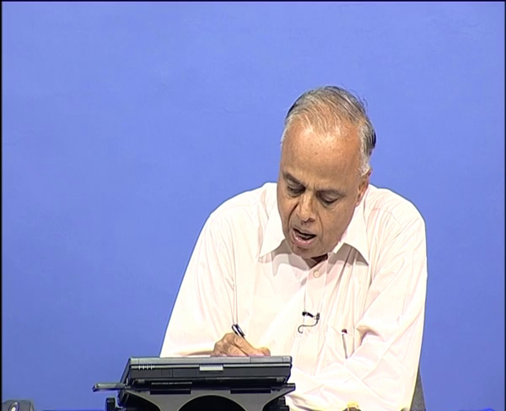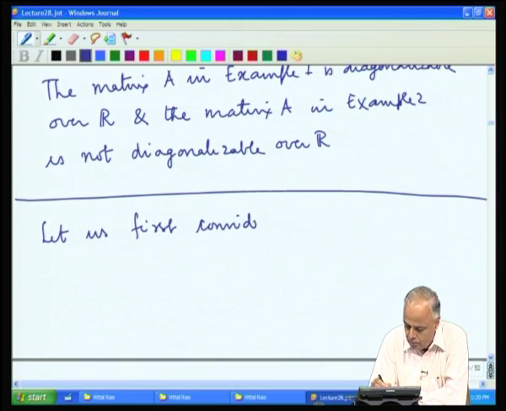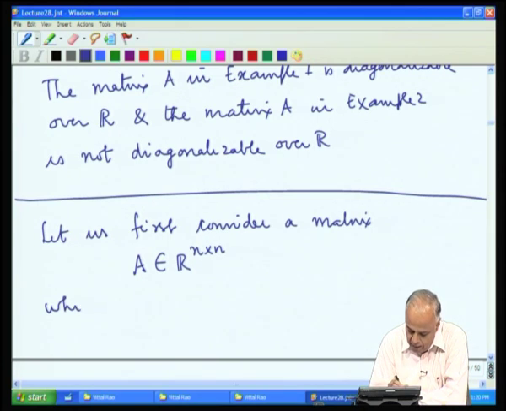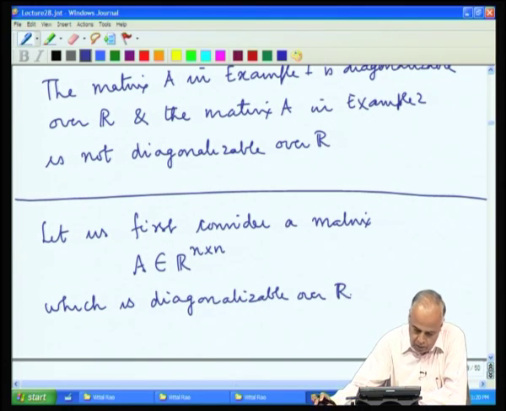So, let us first consider a matrix A which is real n by n, which is diagonalizable over R. Okay.